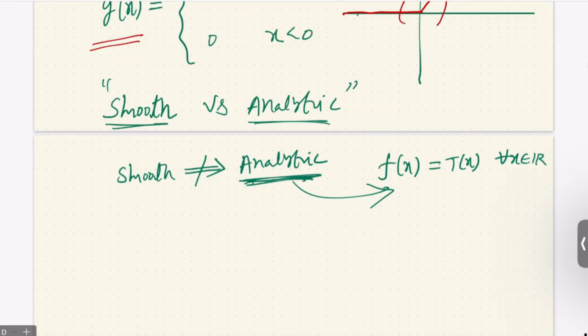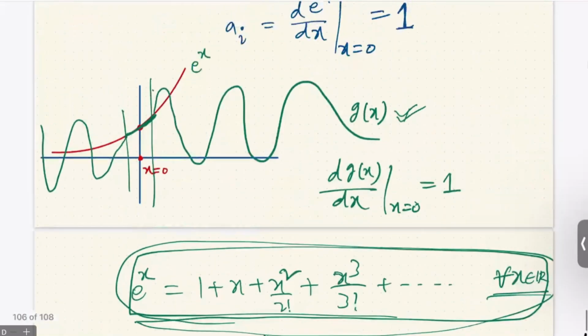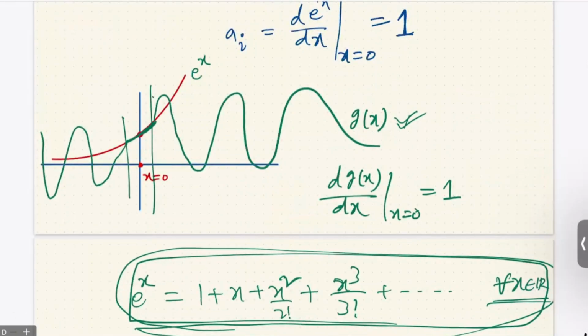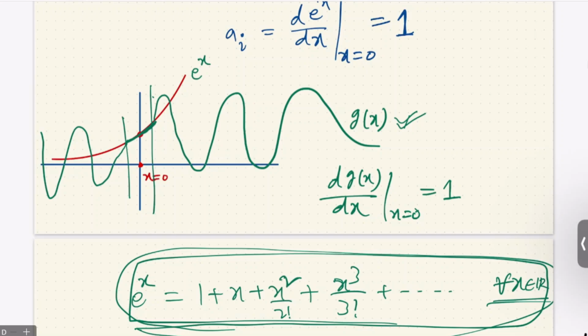They are not local behavior. But for some smooth functions, like my g of x, the Taylor expansion around a point is different. g of x does not match the Taylor expansion at x equal to 0, so my g of x is not an analytic function.